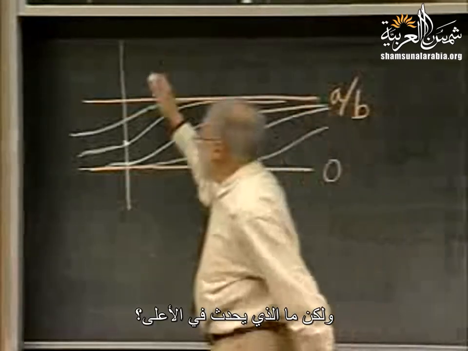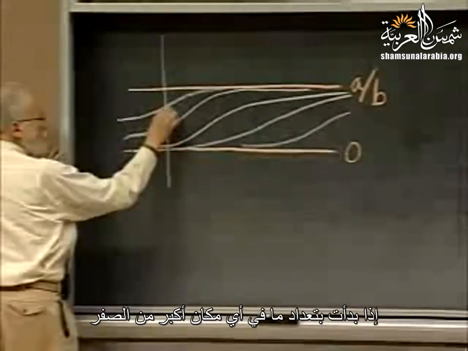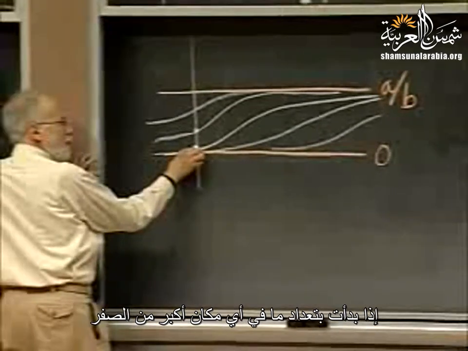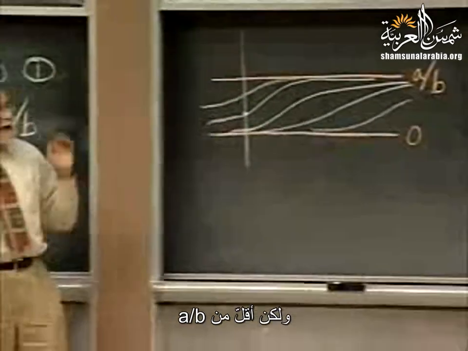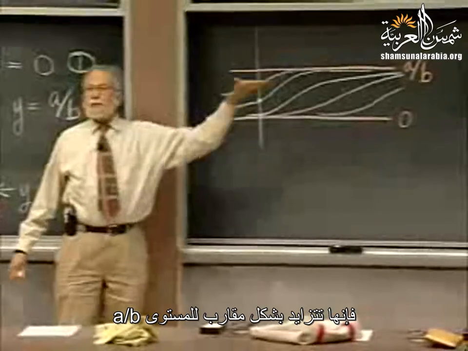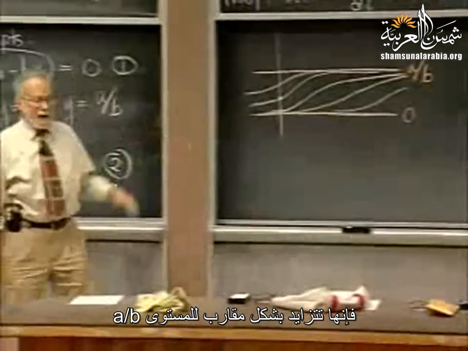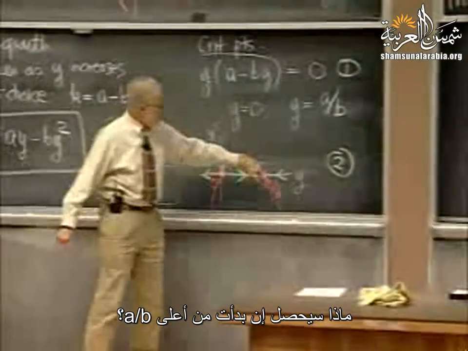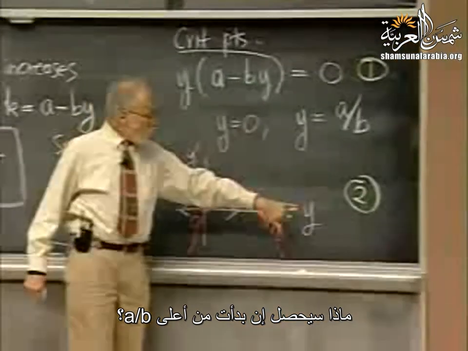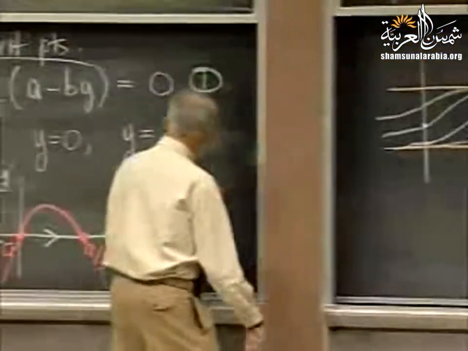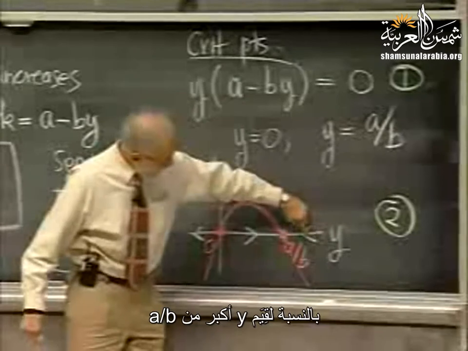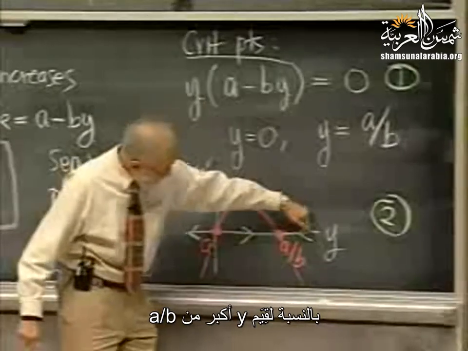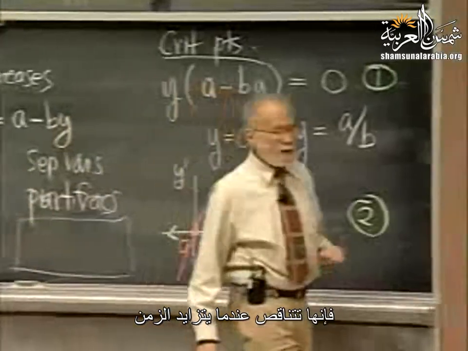What's happening above? If I start with a population anywhere bigger than 0 but less than a over b, it increases asymptotically to the level a over b. What happens if I start above that? Well, then it decreases to it, because for the values of y bigger than a over b, it decreases as time increases.